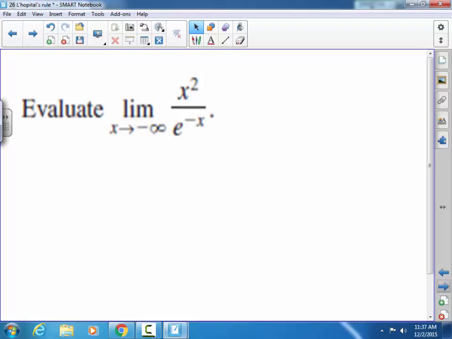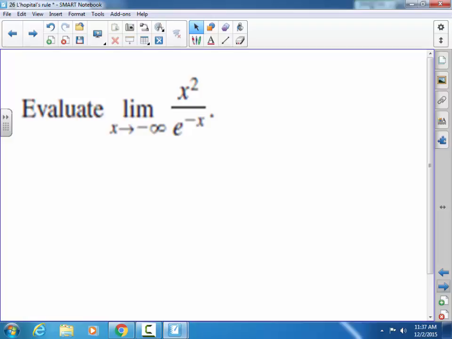The limit as x approaches negative infinity of x squared e to the negative x. See what you come up with when you try to figure that out. Don't forget to plug in. Remember back to when we first talked about limits.